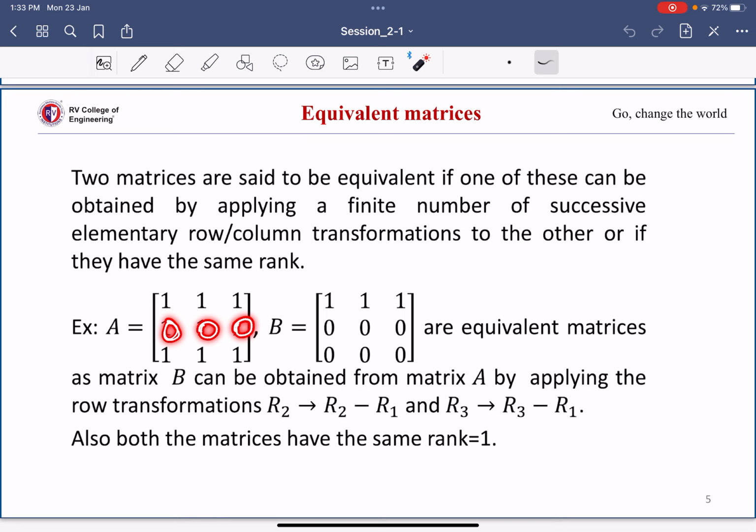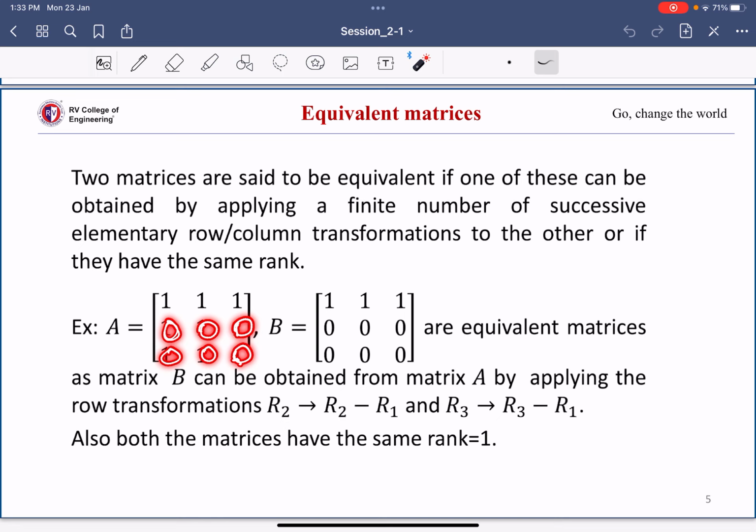And when I subtract the first row from the third row of the matrix A, all the elements again become 0. So this is nothing but our matrix B. So I have obtained the matrix B from matrix A by applying elementary row operations. And equivalently, you can also say that both these matrices are of the same rank.